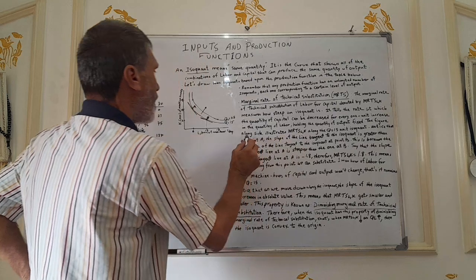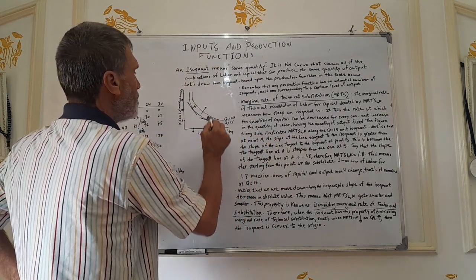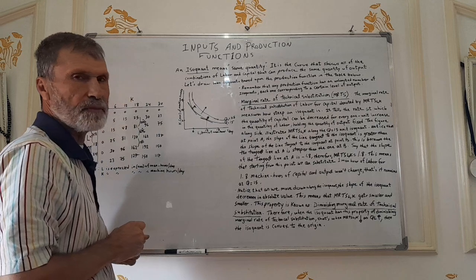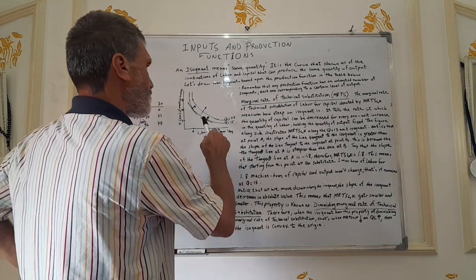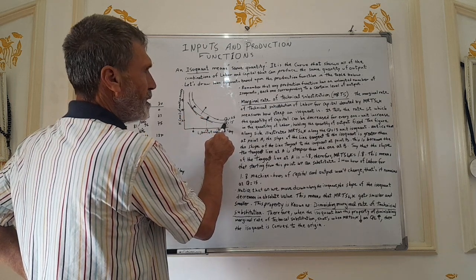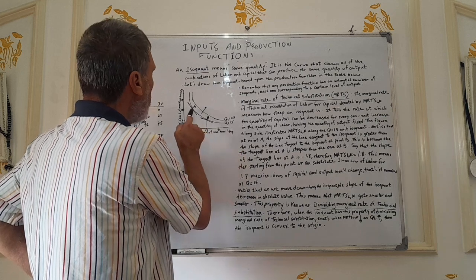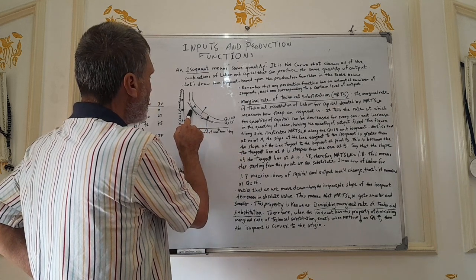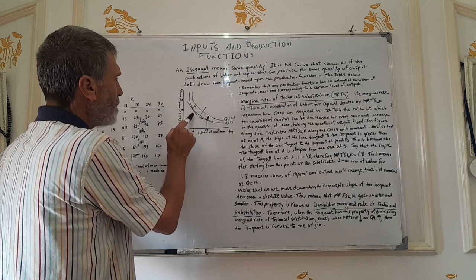This figure here illustrates the marginal rate of technical substitution of labor for capital. Look over here. Along the Q equal 15 isoquant, notice that at point A we draw a tangent line.